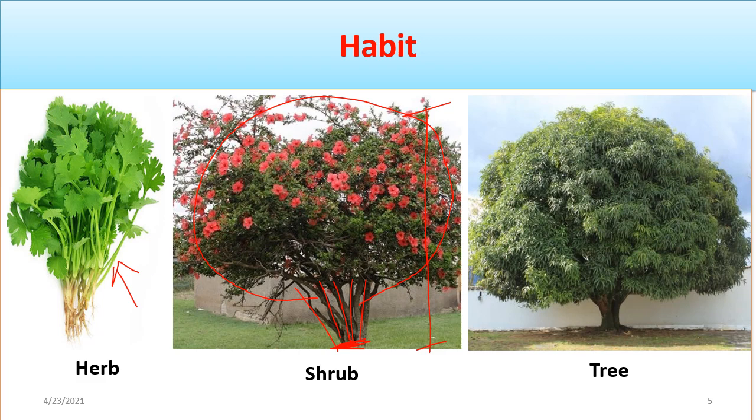But if you look here, a single large trunk is there, and that is bearing most of the branches, and lateral, primary and secondary branches are holding the entire body on a single large trunk, and this appearance is typical tree appearance, this is shrub appearance, and this is herb.